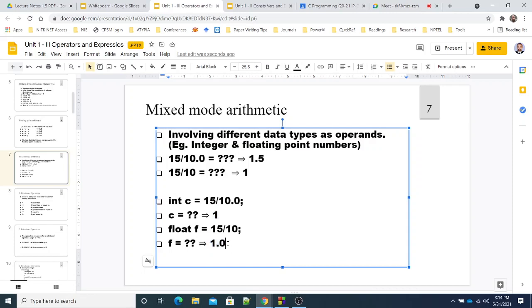But 1 and 1.0 value wise no difference. This is an integer according to C, but in mathematics we treat both of them the same way, because the magnitude is the same. But in C, internally it is stored differently and treated differently, as a floating point number.